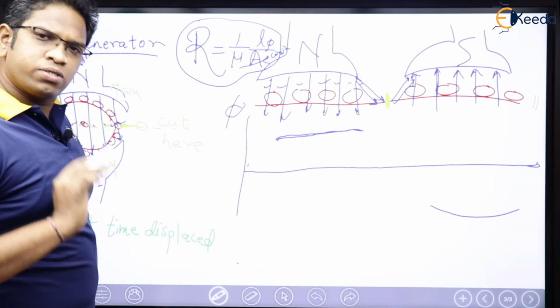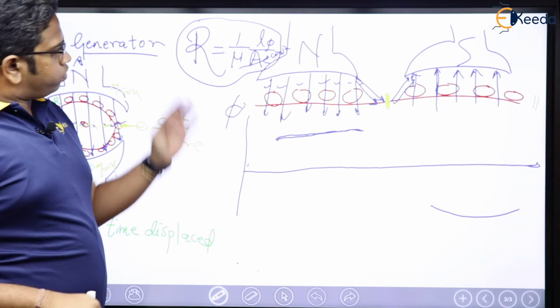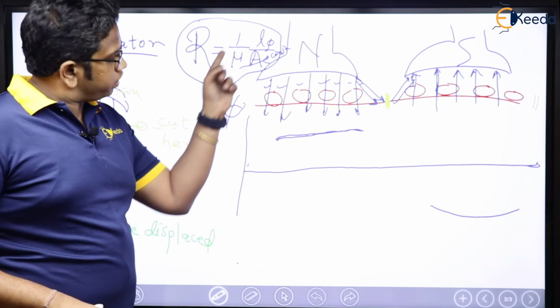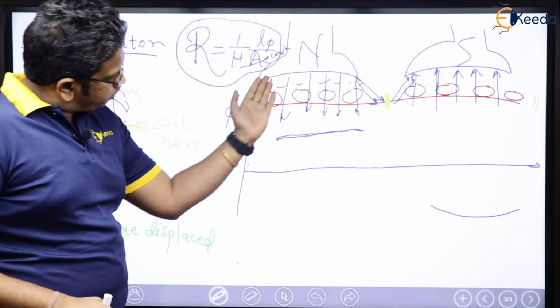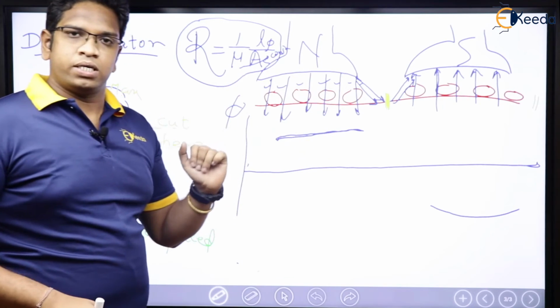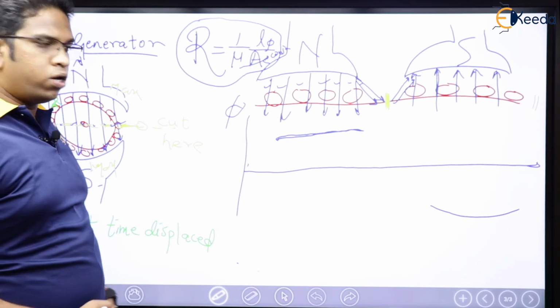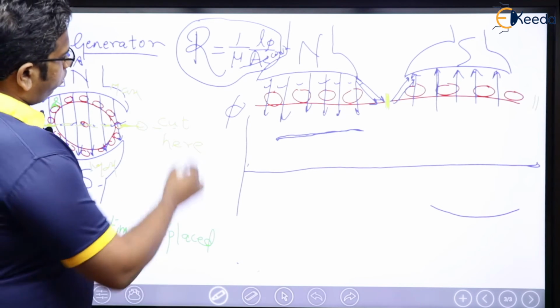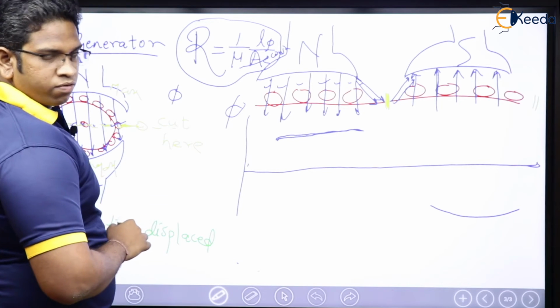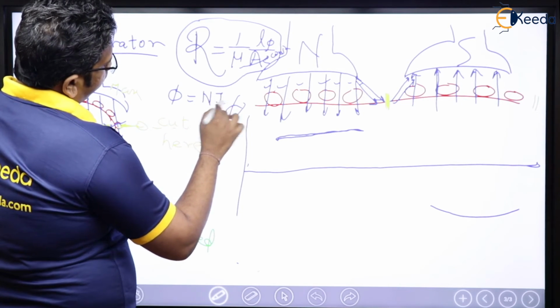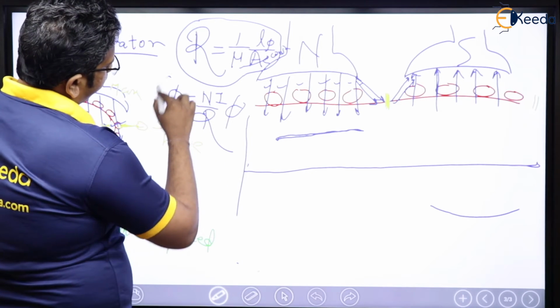Mu is basically a constant only, constant permeability, we know that. Now say here, this is L pi. L pi means the length of the flux path. The length of the flux path is the same. That is the reason reluctance is the same. Reluctance is the same means flux is going to be the same. How? Because flux phi is nothing but mmf upon reluctance.